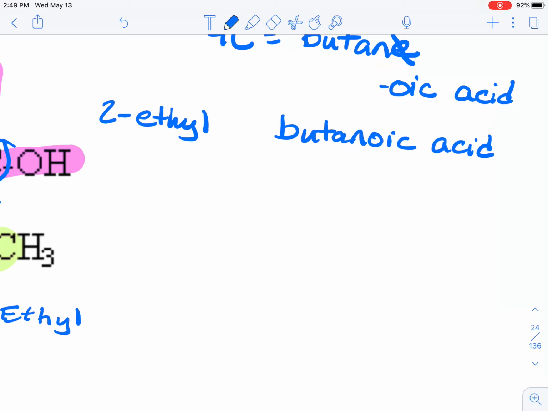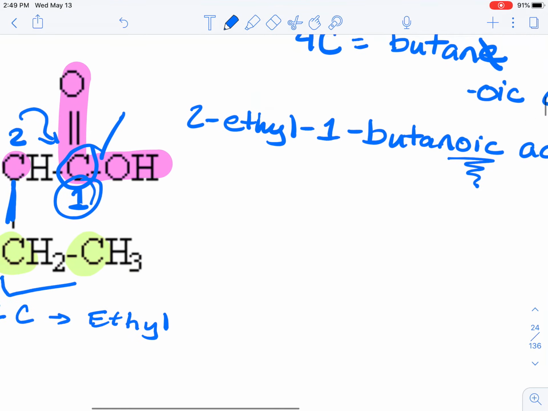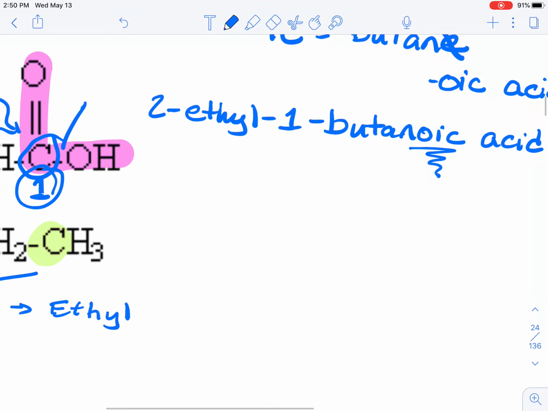Now, typically you would have to describe what carbon number the functional group is located on, and so typically we would say 1, right? Because it's on carbon number 1. But since we know that the carboxylic acid is always on carbon number 1, we're going to exclude that from the name.